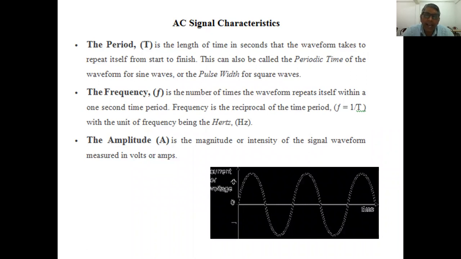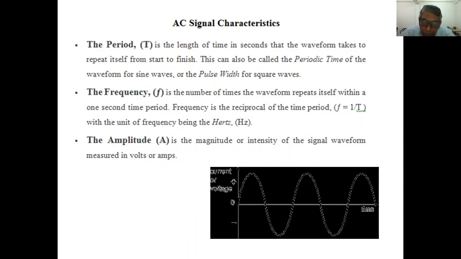When we talk about an AC signal, some of its characteristics are period, frequency and amplitude. Amplitude, in a simple way, is the height of the signal, or the magnitude or intensity of the signal.